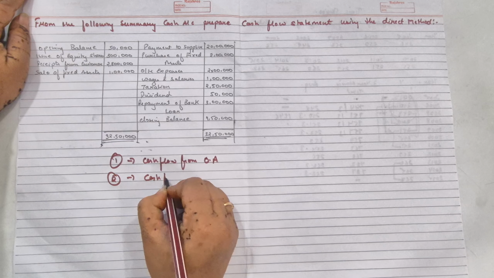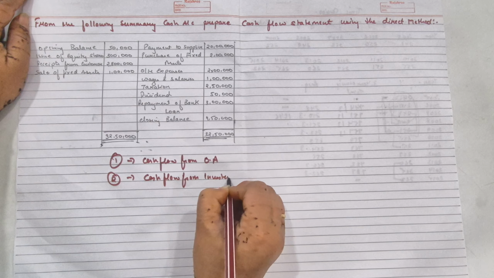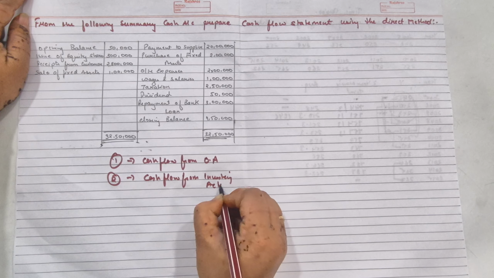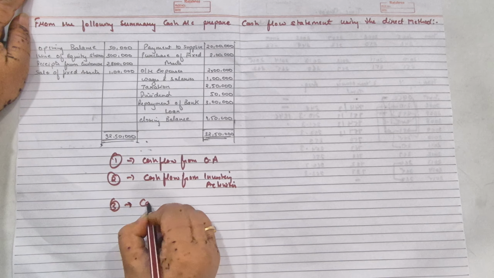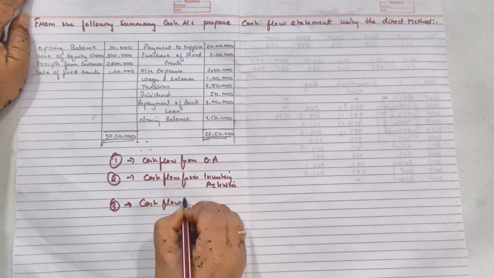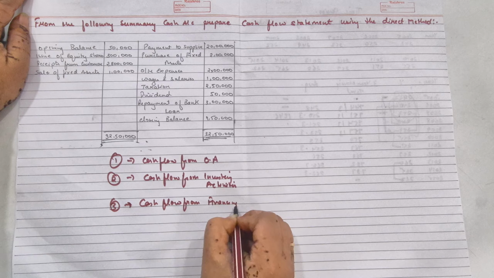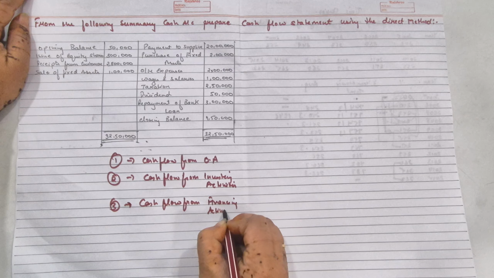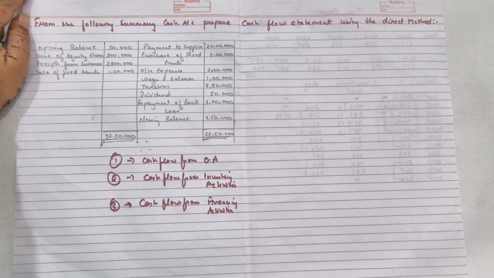Second, cash flow from investing activities, and last, cash flow from financing activities. Students, in this question I would be covering all these three components. This is a complete question using the direct method.